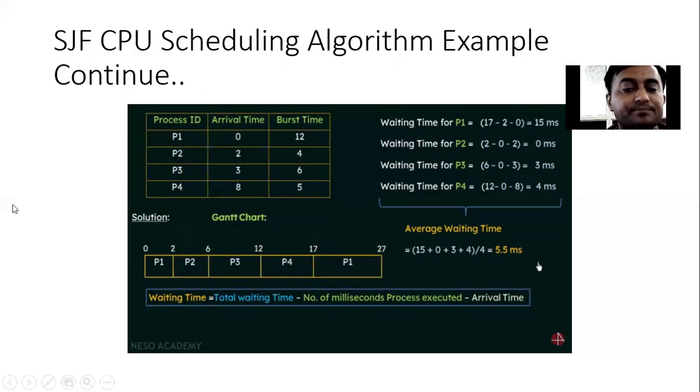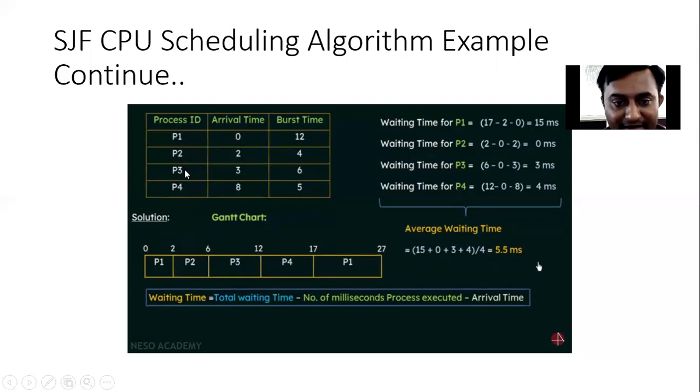As I told you in the previous session, in the case of SJF, the shortest job first algorithm, we are considering the burst time, or running time in the CPU, which is given to you as input, and according to this burst time we are scheduling the process for execution in the CPU.